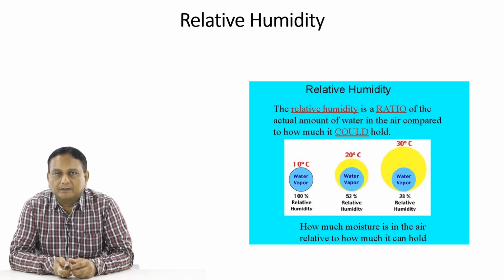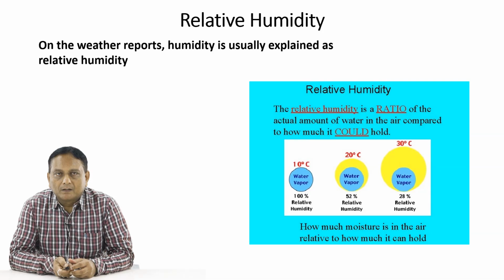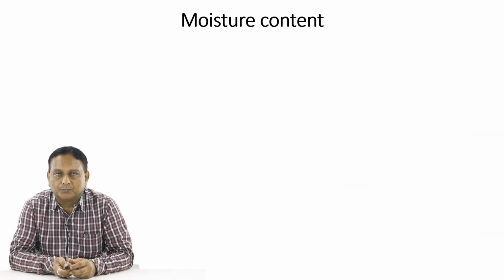At different temperatures you can see how relative humidity differs, starting from 10 degrees centigrade, 20 degrees centigrade and 30 degrees centigrade. So how the relative humidity varies with temperature is shown here. On weather reports, humidity is usually explained as the relative humidity. So that is the convention of expressing humidity.